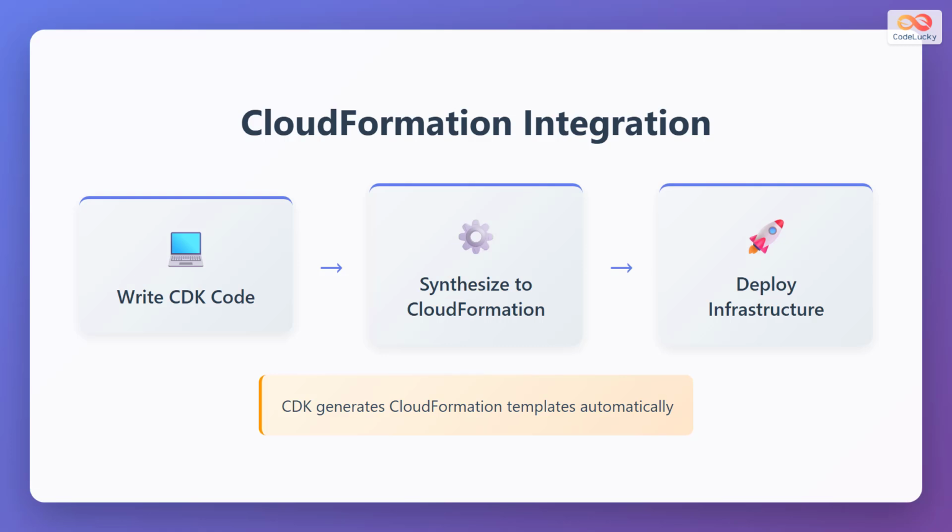Third, these CloudFormation templates are deployed, actually provisioning your infrastructure in AWS. The key advantage here is that CDK generates CloudFormation templates automatically, so you get the power and safety of CloudFormation without having to write complex YAML or JSON files manually. This integration means you benefit from CloudFormation's proven deployment engine while working with more developer-friendly code.